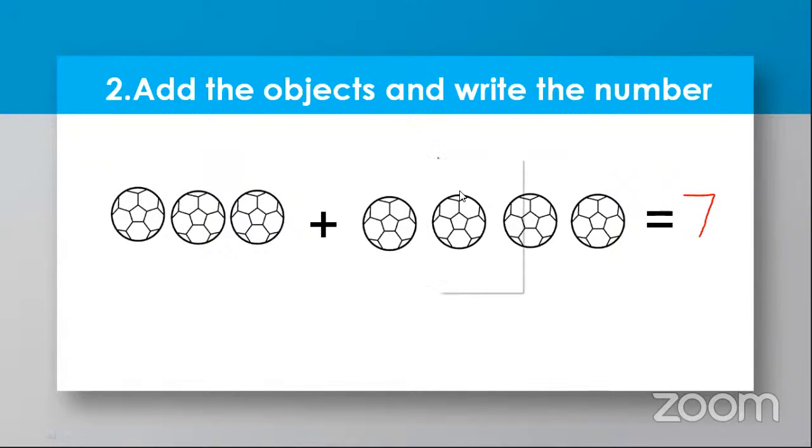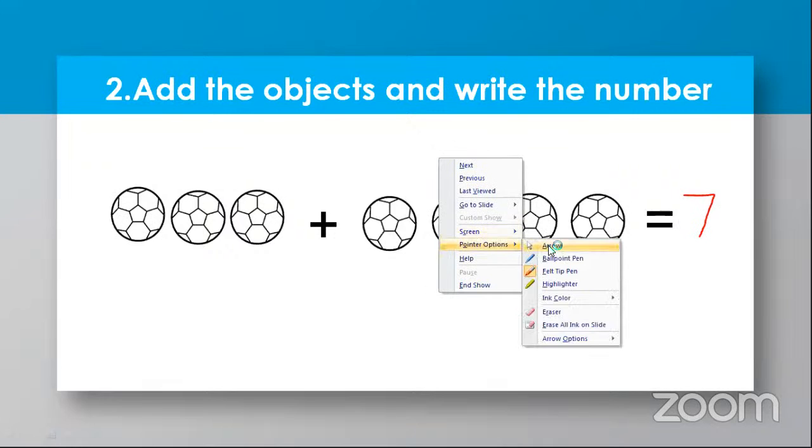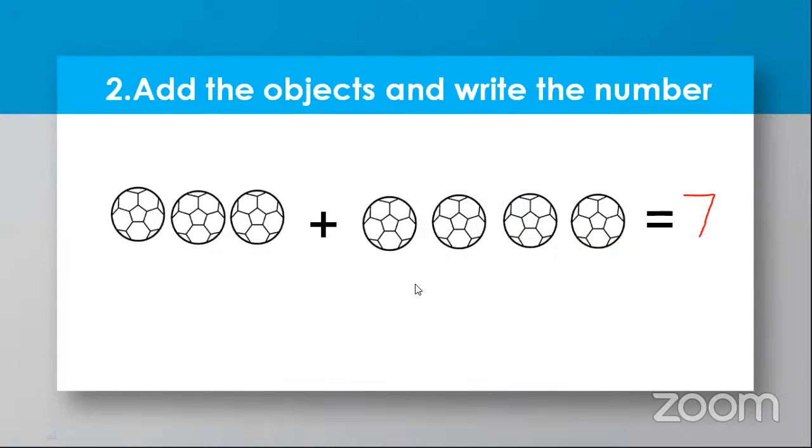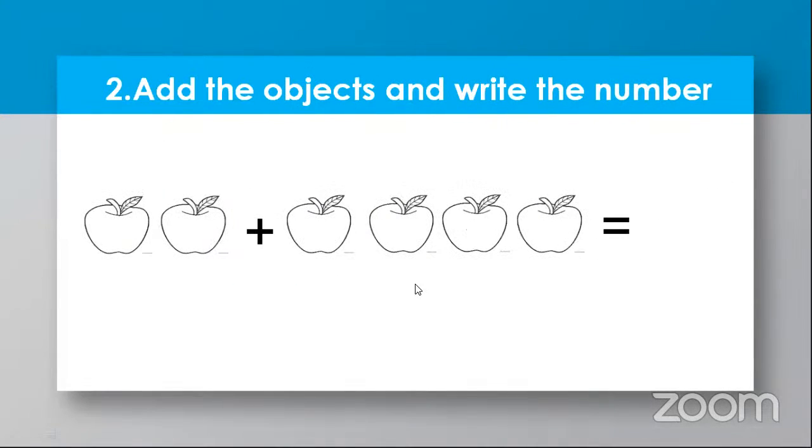Let us continue. What do we have next in our exam? Add the objects and write the number. Yes, we are still adding the objects and writing the number. Someone tell us the objects we are adding and then add for us those objects.